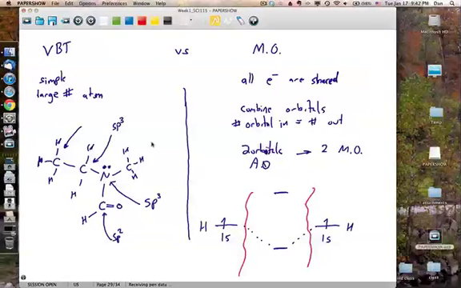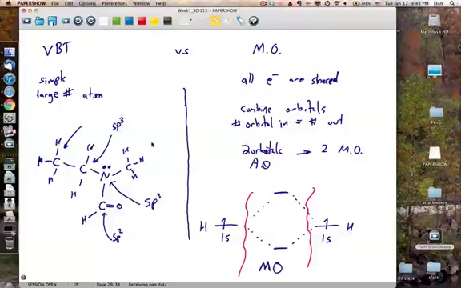These are the individual atoms, and they combine together to form a new set of molecular orbitals.